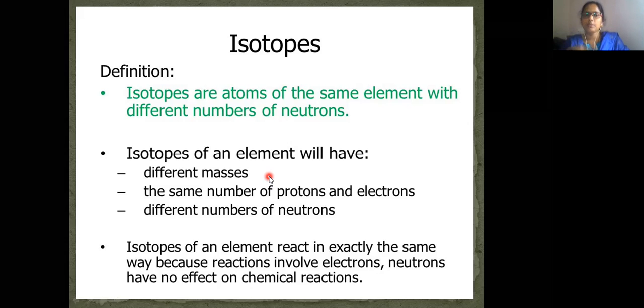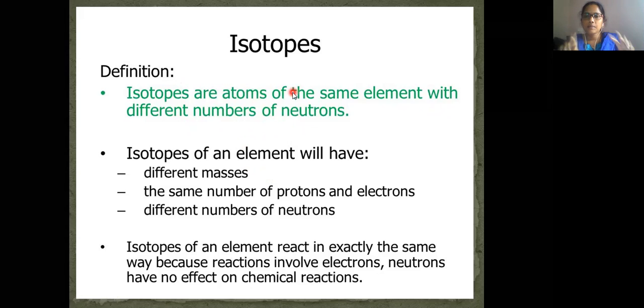This is due to the different number of neutrons. So here you can see the isotopes are atoms of the same element with a different number of neutrons. So isotopes means equal place. These are the elements which occupy the same place, but they differ in the atomic weight because of the presence of a different number of neutrons.